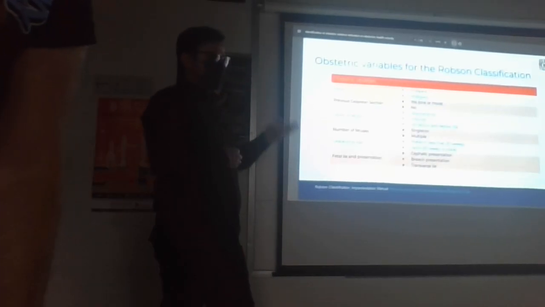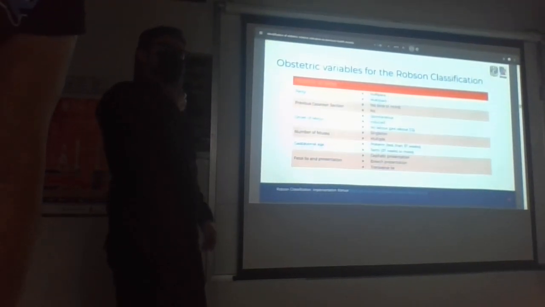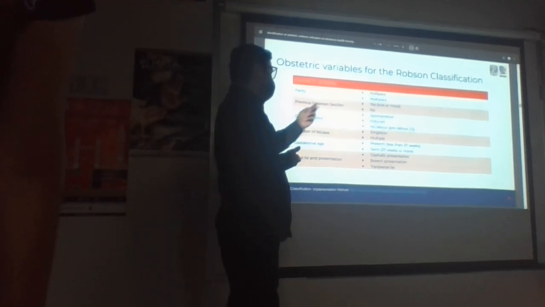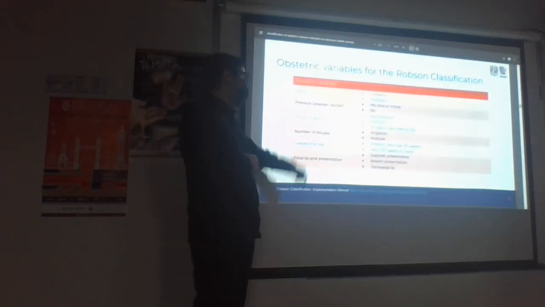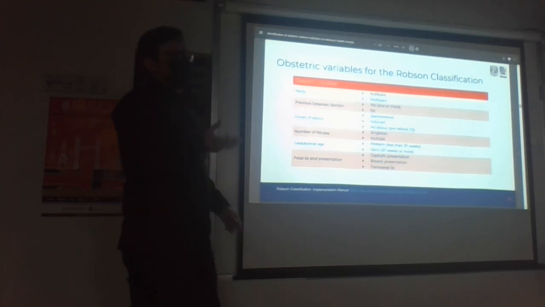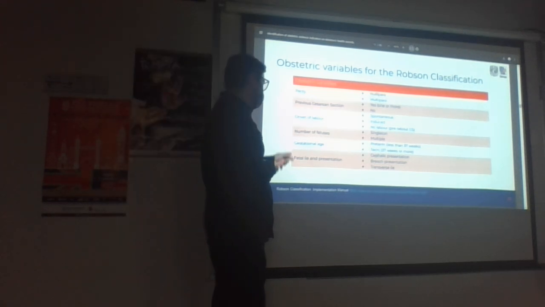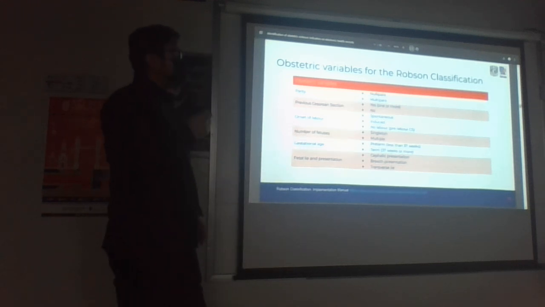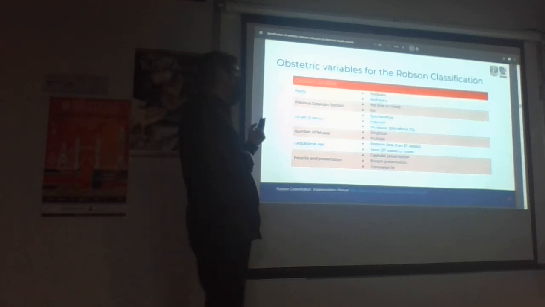No labor and pre-labor cesarean section is when a woman schedules a cesarean section. Number of fetuses: singleton and multiple, one baby or 2, 3, etc. Gestational age: preterm is less than 37 weeks, and term is 37 weeks or more.